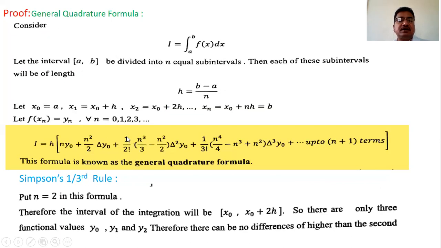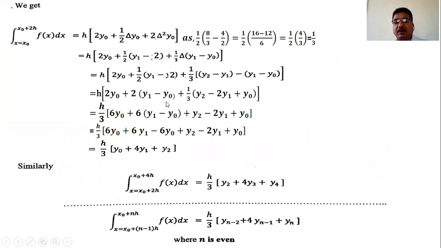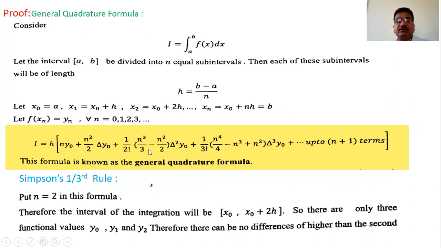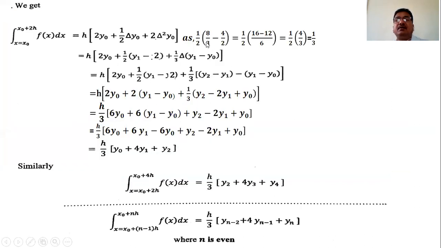Here n square, that is 4 by 2, that is 2 delta y naught, and then plus 1 by 2 factorial, that is 1 by 2, n cube 8 by 3 minus 4 by 2. And this calculation is what? This calculation is 1 by 2 times 8 by 3 minus 4 by 2. We have the answer 1 by 3.